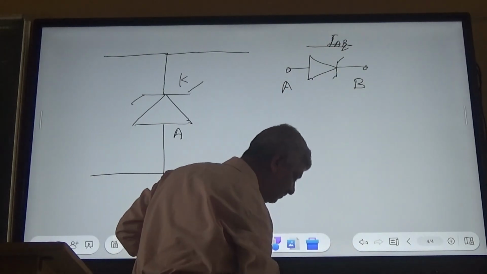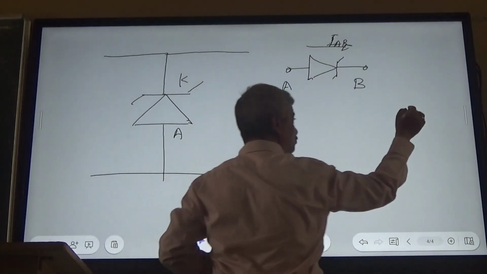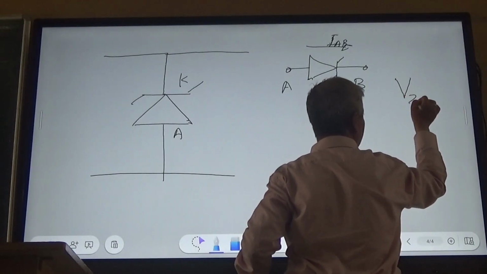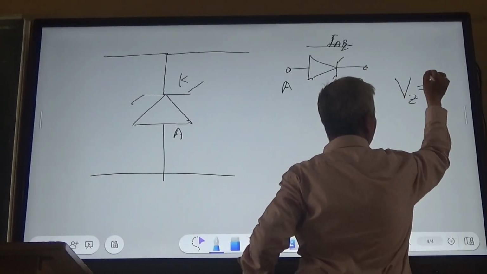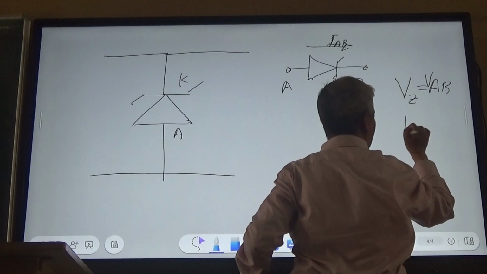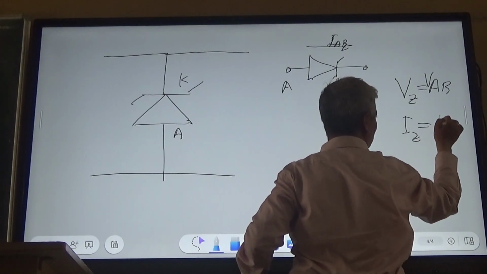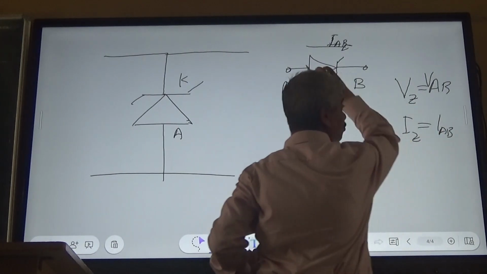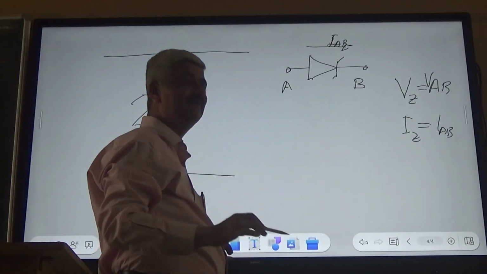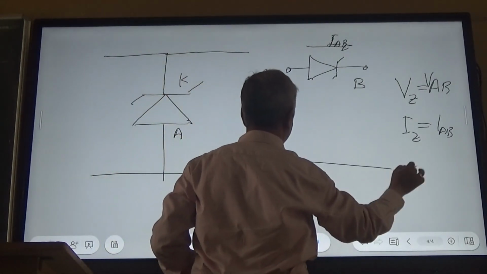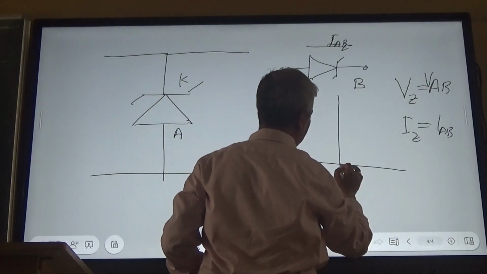So Zener voltage VZ is equal to VAB and IZ is equal to IAB in the direction shown. So what is Zener? Zener is the device which operates according to this.